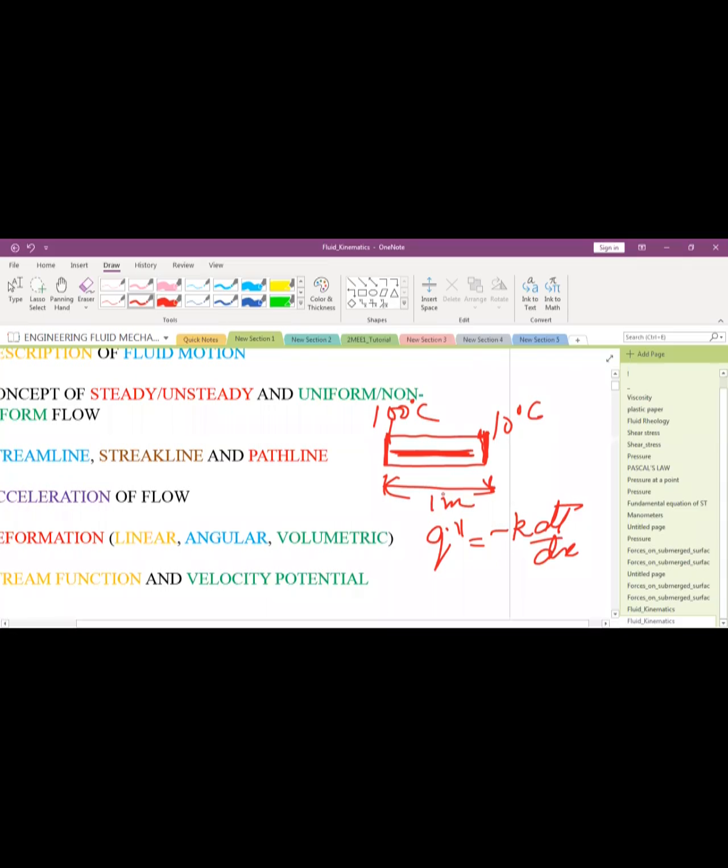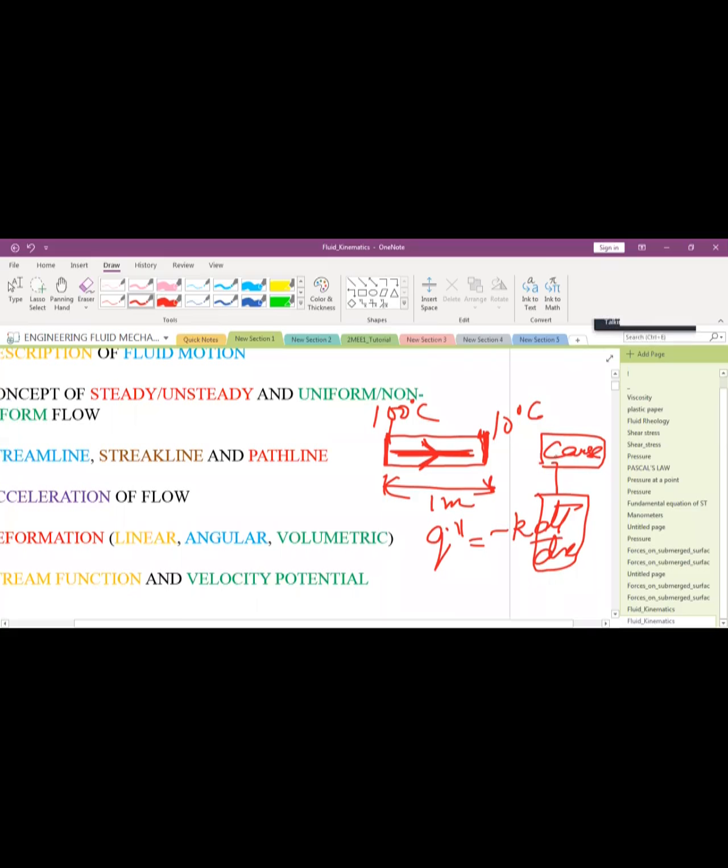In the first case you applied a flux. In this case you have kept the two ends at different temperatures. Because of the different temperatures, heat will flow from the warmer place to the cooler place. Heat will flow from high temperature to low temperature. So in this case, what is the cause? The temperature difference.